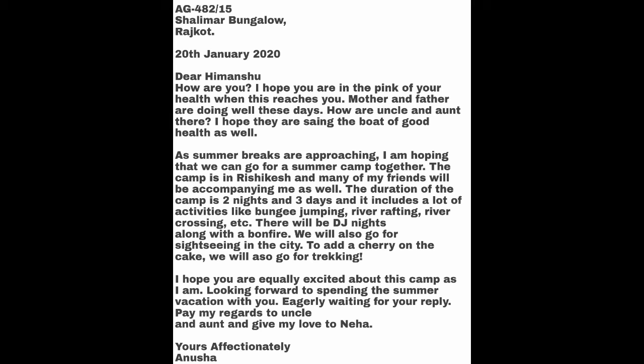We know we all used to have cakes on occasions, on celebrations. So adding a cherry means adding something extra. The summer camp is wonderful, but to add something more wonderful, we will also go for trekking. I hope that you are equally excited.